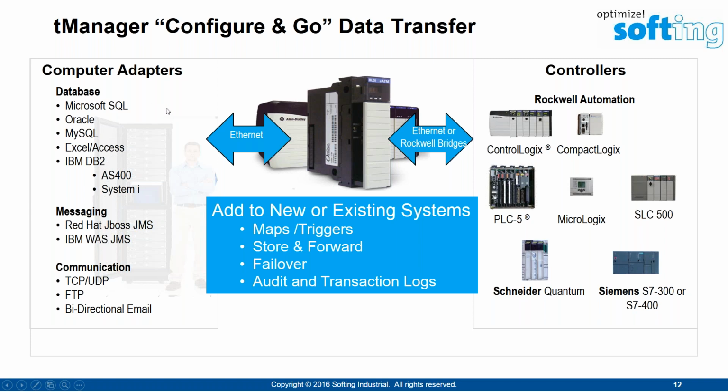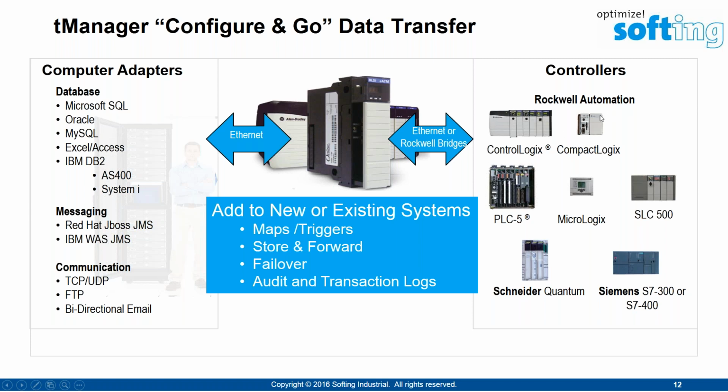The databases it supports are Microsoft SQL, Oracle, MySQL, Excel tables, Access, and DB2. JMS messaging is also supported. And lastly, data can also be sent as files via TCP or UDP, FTP, or via email.